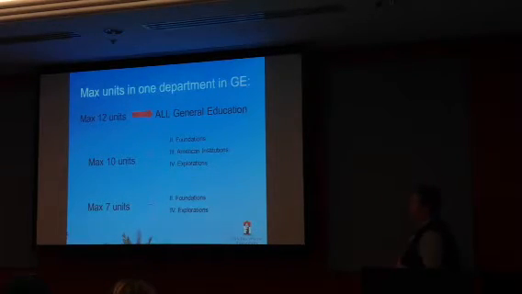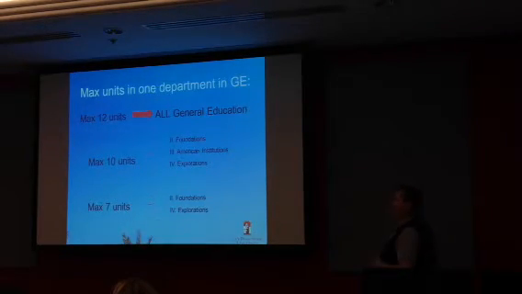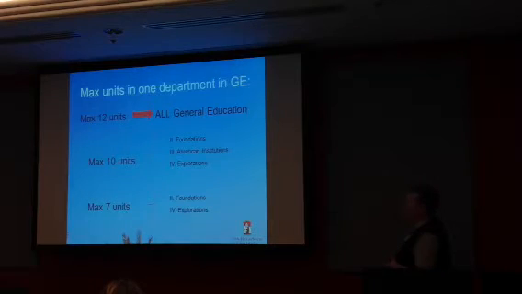Okay? Then the next rule is the max 10 units. So you're only allowed no more than 10 units from one department across foundations, American institutions, and explorations. And then the max 7 units is no more than 7 units from one department across foundations and explorations.